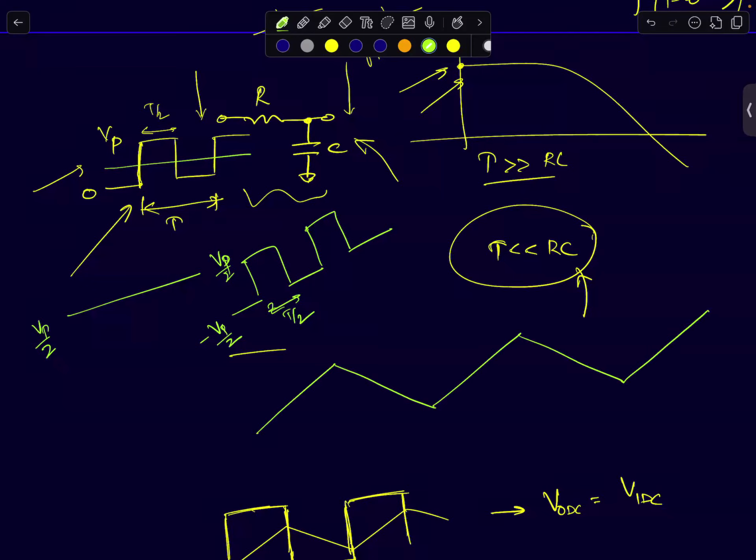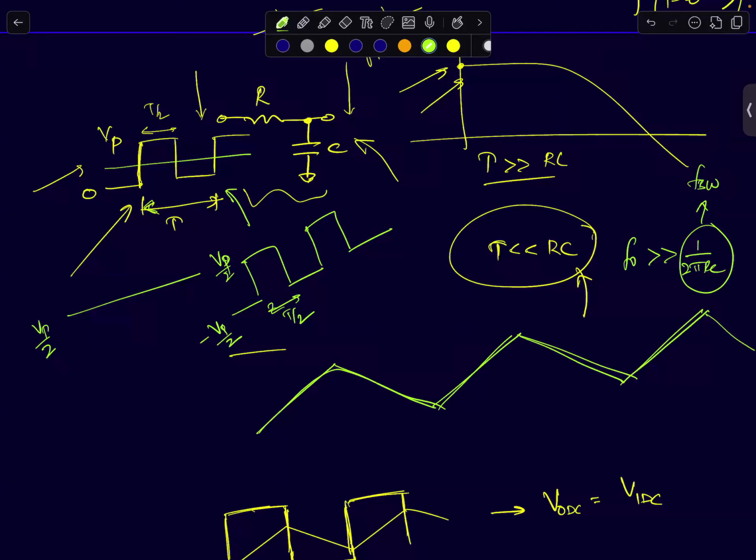If the fundamental frequency of your input signal, this periodic pulse signal, is much greater than 1 by 2 pi RC, or the bandwidth of this RC low pass filter, then the RC low pass filter is going to behave like a pure integrator. And you should see almost a ramp kind of response like this.